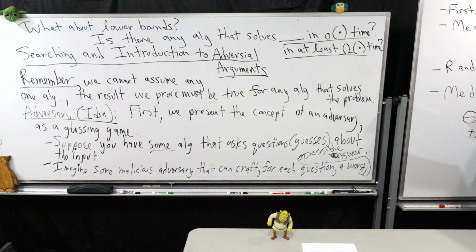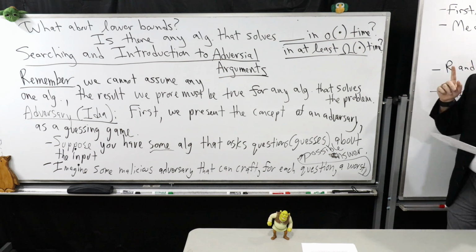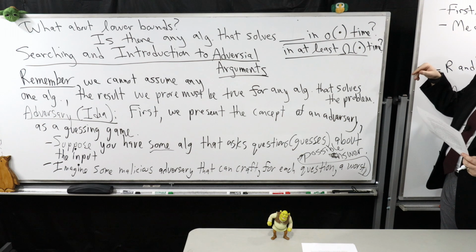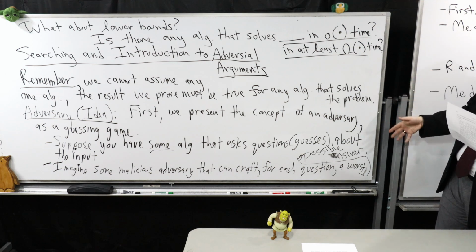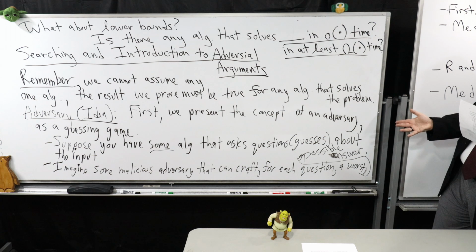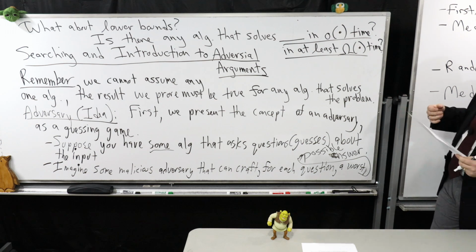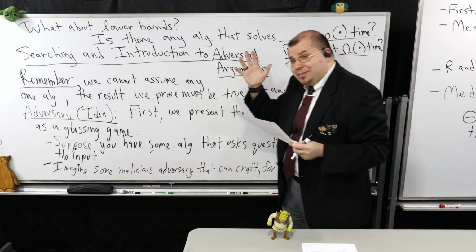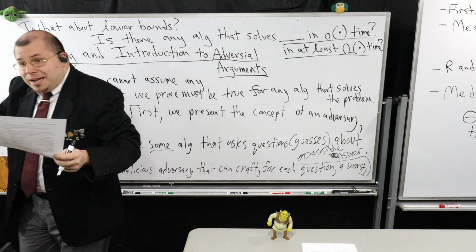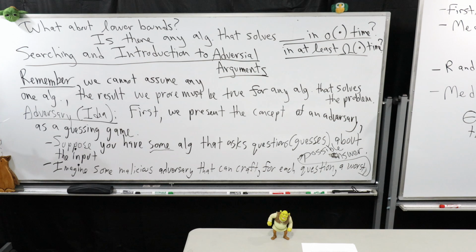So the one thing I need to be clear about is that as the pieces the adversary is going to craft are being made, remember, I have to keep this rather abstract. When you see it come together in the proof, you're going to see that I'm going to give you very constructive things.